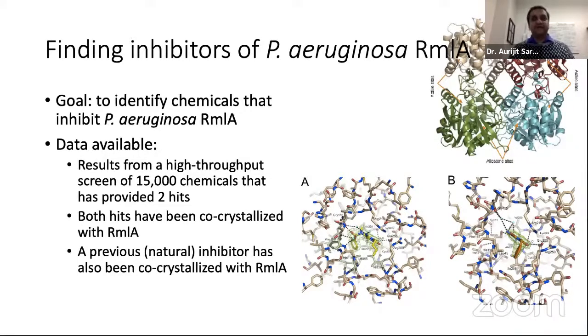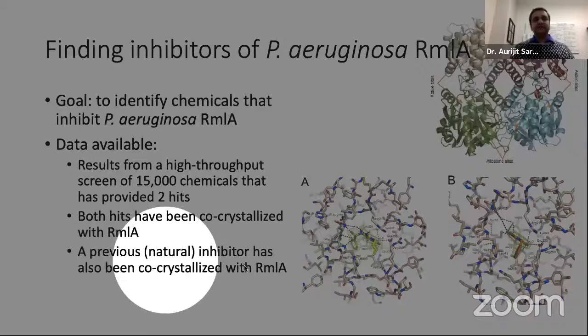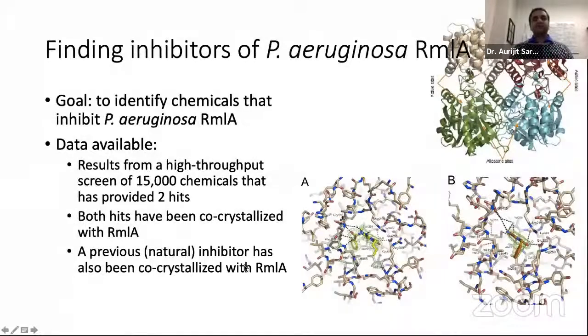They're very good at it, right? So the first thing they did was crystallography, and they brought me the crystal structures and the chemicals and said, find me some inhibitors. We also had a crystal structure for the natural inhibitor of the same protein. So this is all the data I had. I had to find them some new inhibitors.